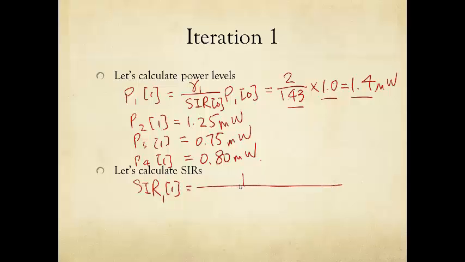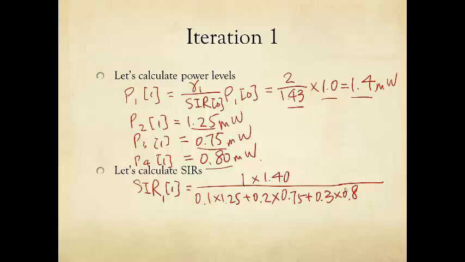Again, direct channel gain is 1, multiplied by the new power, which is 1.40, divided by the interference channel gain 0.1 times the new power 1.25, plus 0.2 times the new power 0.75, plus 0.3, the interference channel gain, multiplied by the new transmit power 0.8. This is the interference plus the noise, and you get 2.28.